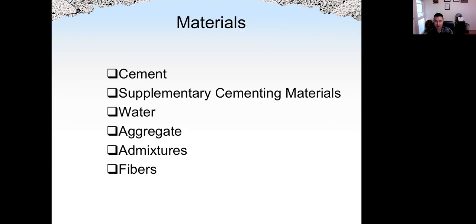Okay, for example, water reducing agent, air entraining agent, retarders or accelerators. Fibers are sometimes also added in concrete to enhance the performance, such as the toughness or the fracture strength, for example. Okay, so these are the possible materials we could use for concrete.